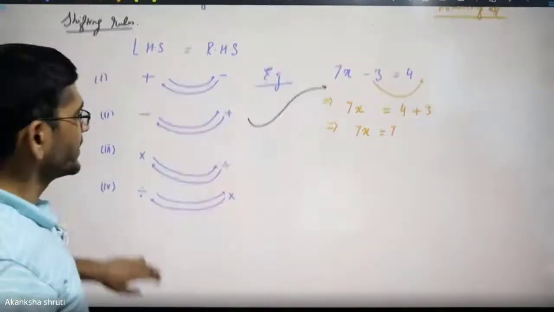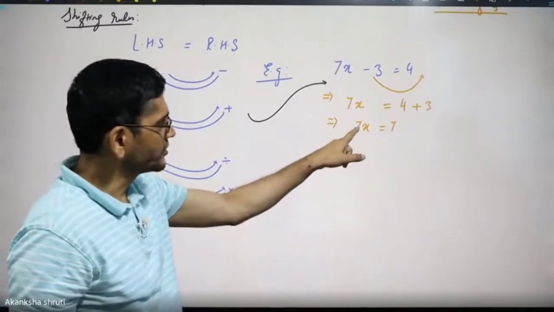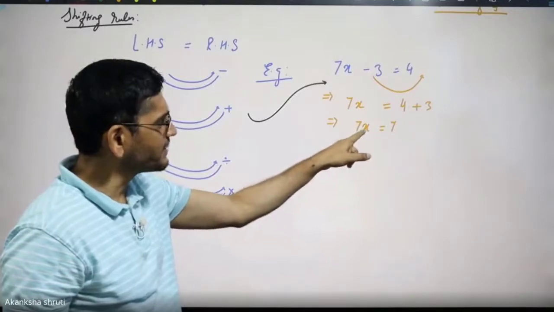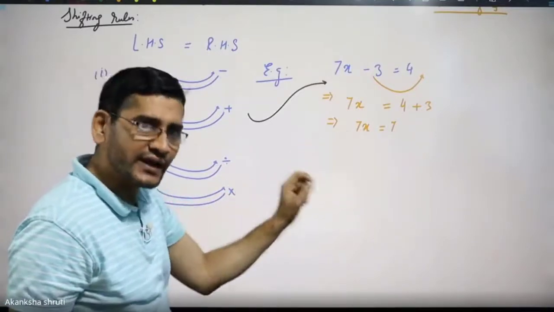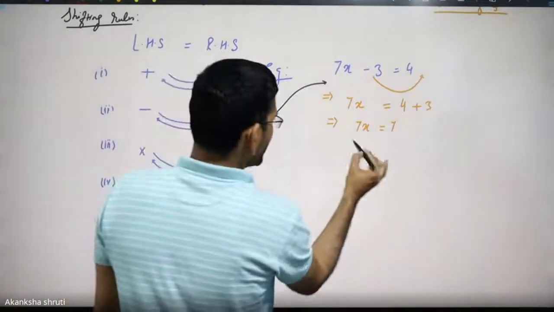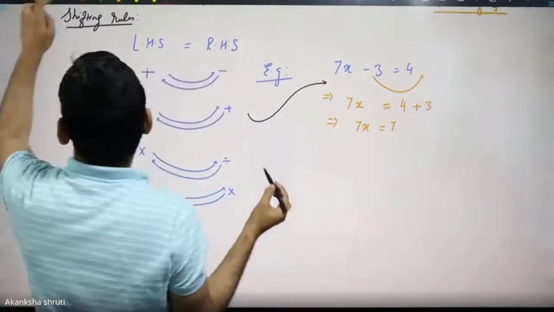Now, for finding x, we need to remove this 7. But this 7 is a multiple of x on the left hand side.